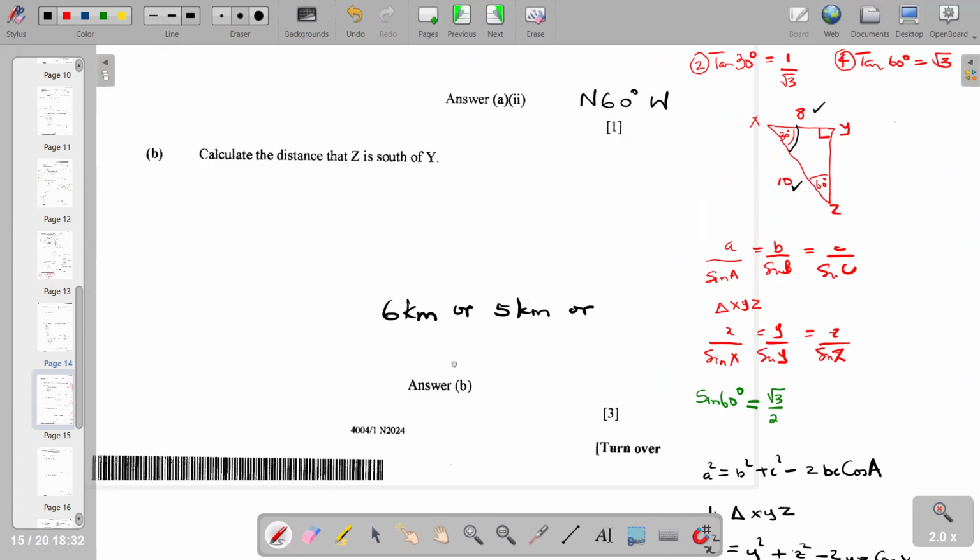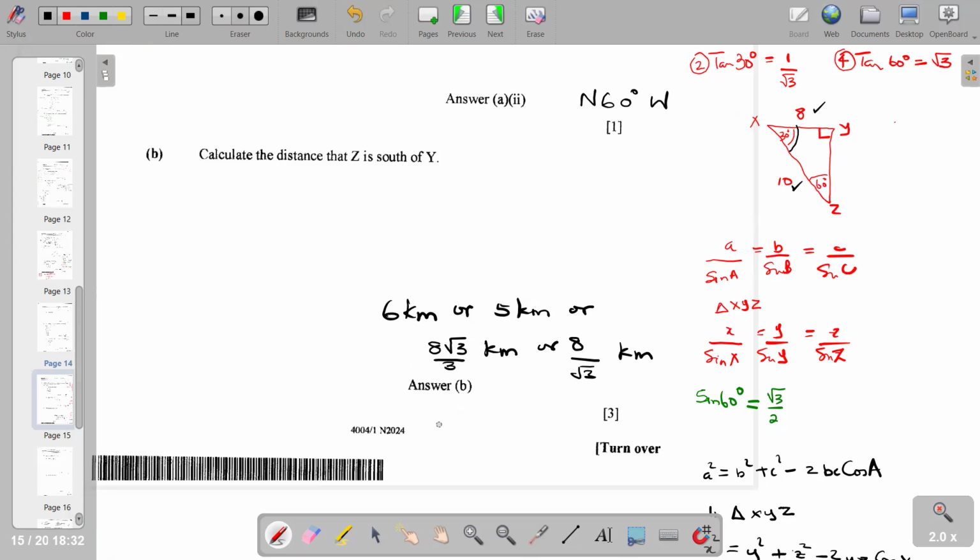You'd realize that also 8 root 3 over 3 kilometers was accepted. Even if you write it as 8 over root 3 kilometers, it was accepted.